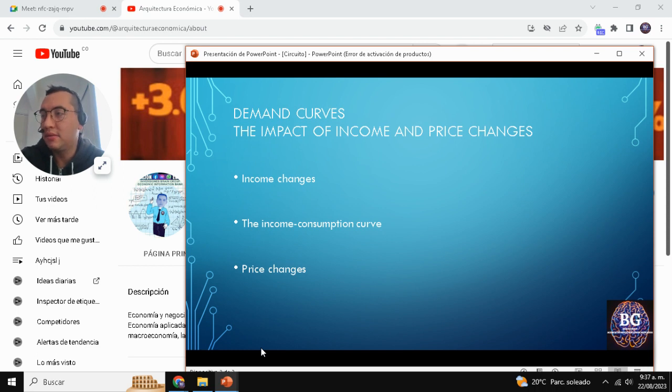Price changes. It is very important to understand fully the decomposition of the total price effect into income and substitution effects.